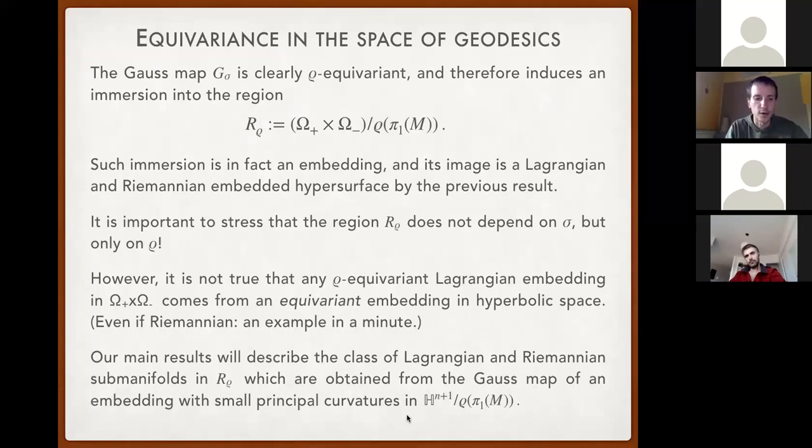And now I'm going to give you an example to convince you that rho equivariance in the space of geodesics does not correspond to rho equivariance in hyperbolic space.